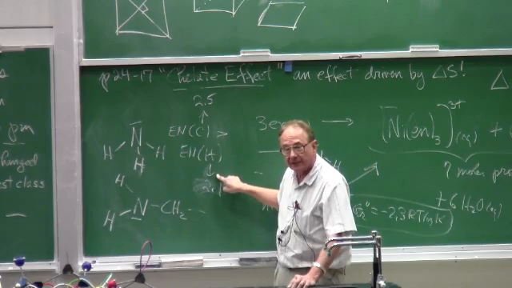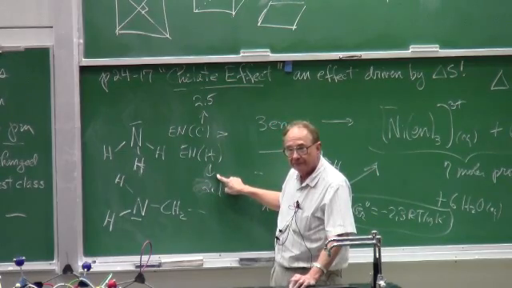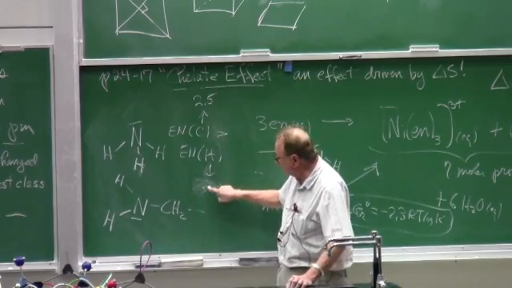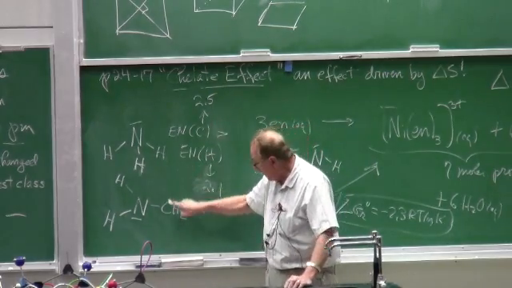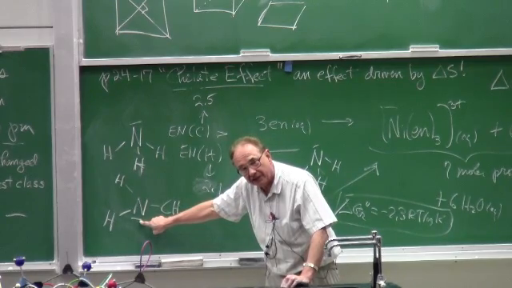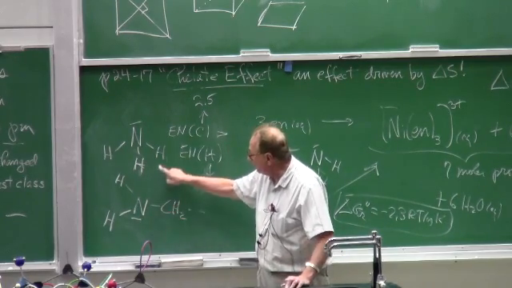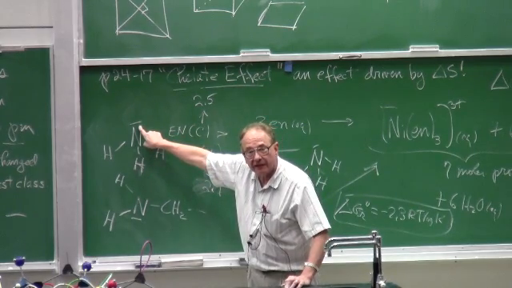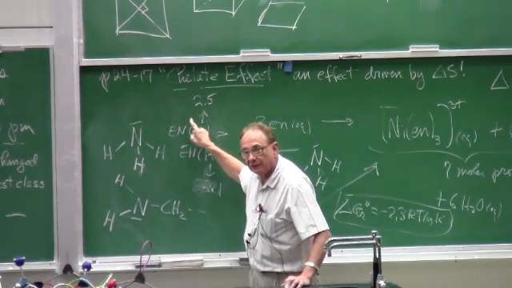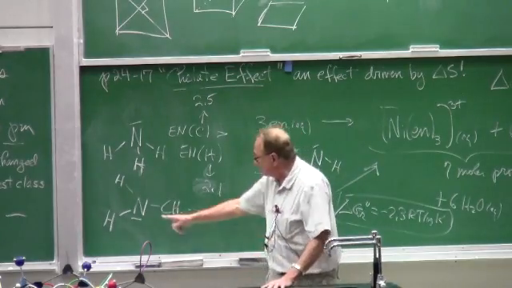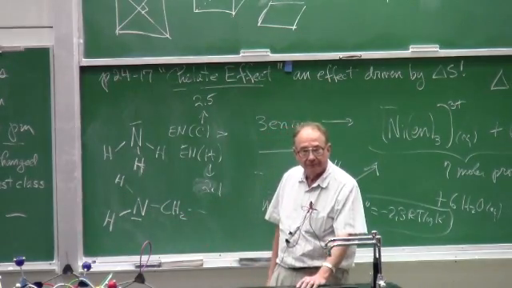So based on atomic electronegativity, I expect this carbon atom, because it's more electronegative than this hydrogen atom, to stabilize non-bonding electron density on nitrogen inductively more effectively than the hydrogen does to the non-bonding pair on the nitrogen atom in ammonia. From an atomic electronegativity standpoint, that's the conclusion I reach. But the fact is this is a better donor.